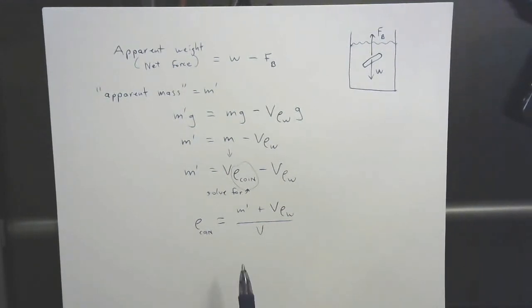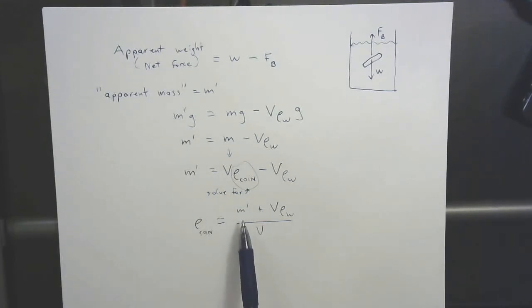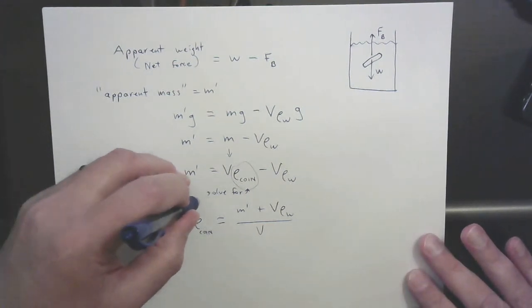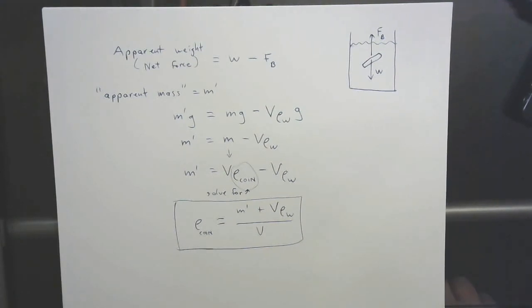You're going to measure the apparent mass of the coin. You'll really measure the apparent weight, but then you'll divide by that g to get the apparent mass. And then you will have measured the volume displaced of the coin, and you know the density of the water. So this is maybe something that's a little more systematic than what the book gave you to solve all those types of problems.